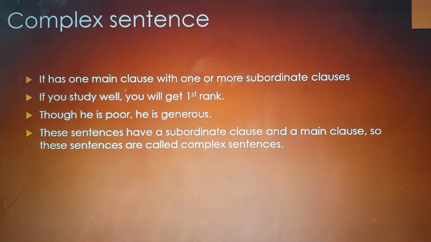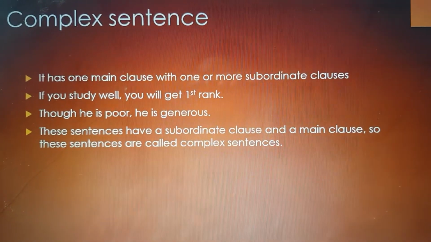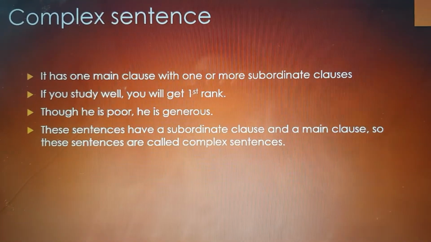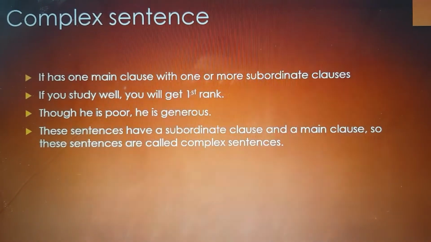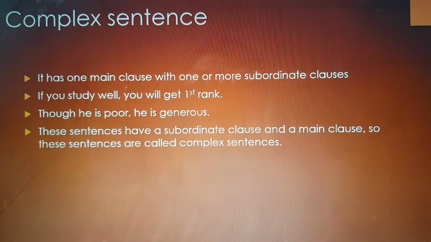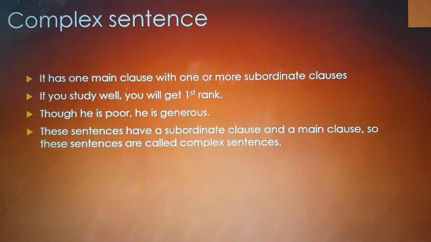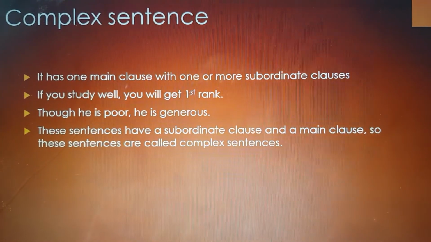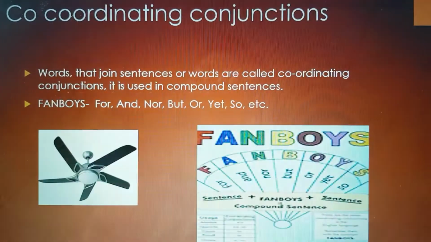So these sentences have a subordinating clause and a main clause, so these sentences are called complex sentences. When there are two main clauses, that will be called a compound sentence. When there is one subordinate clause with a main clause, that will be called a complex sentence. I hope you understood the definition of simple, complex, and compound.